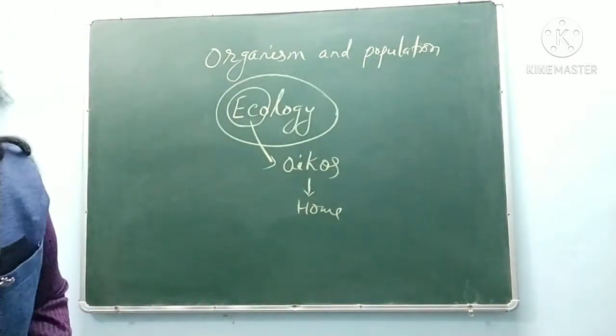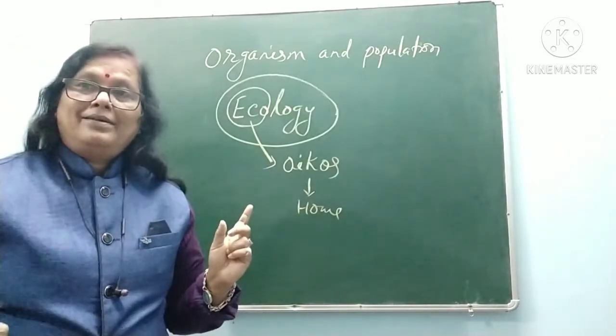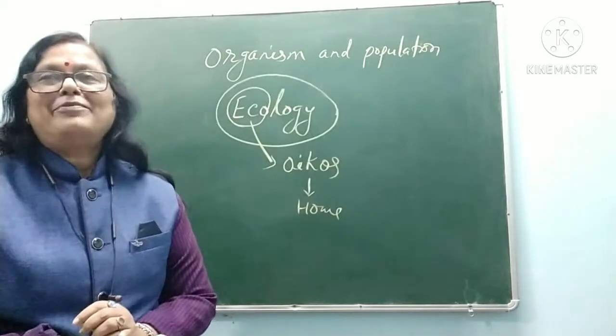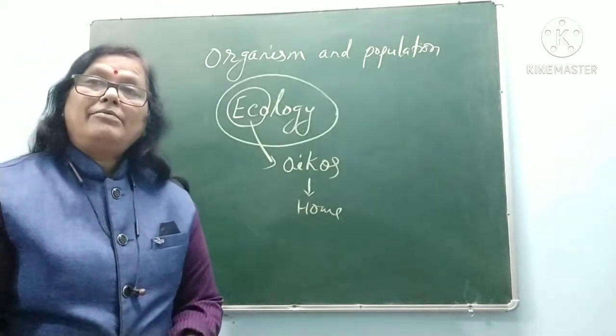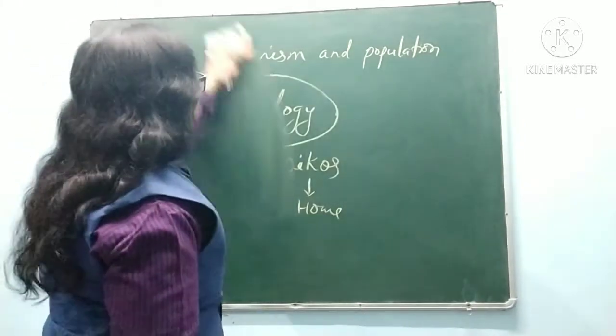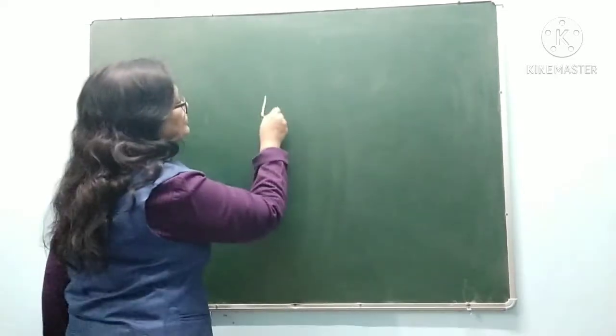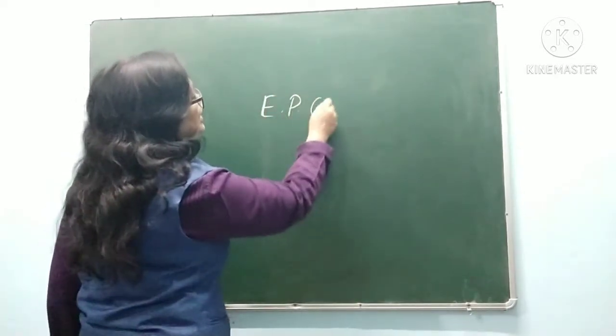We will see one by one. Before going to see this chapter, we should never forget the contribution of scientists. Let us see one very important name of a scientist, E.P. Odum.